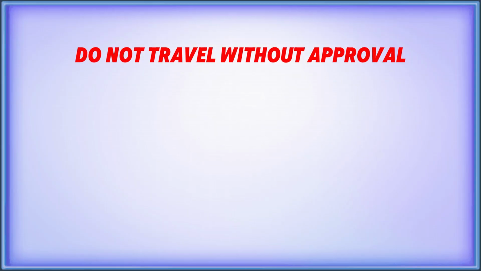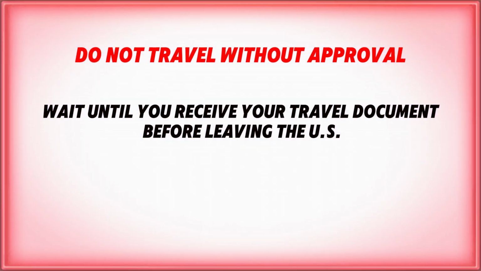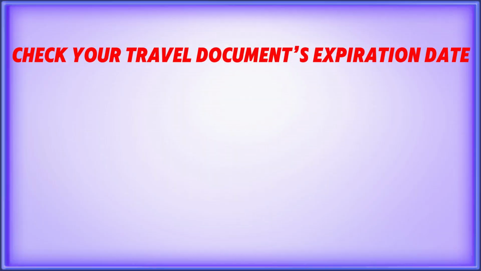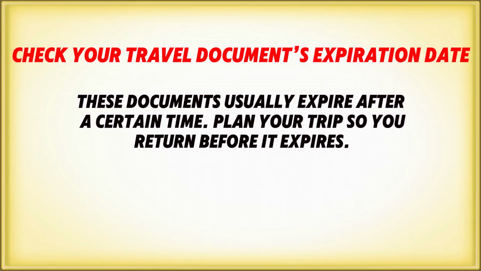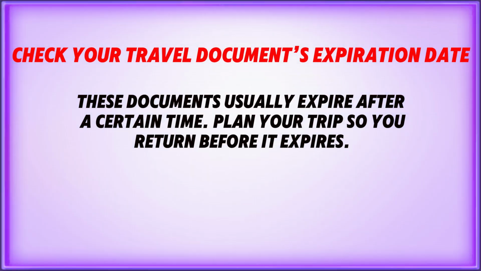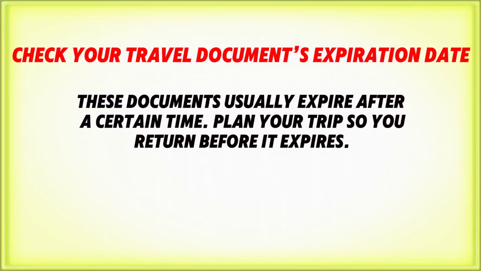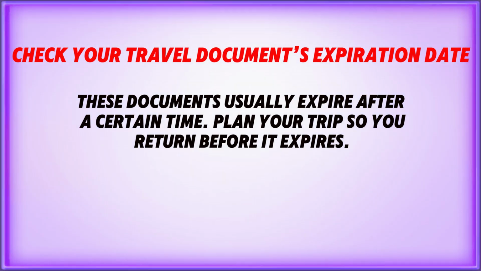Like I told you at the beginning of this video, here are some of the tips and warnings you need to be aware of. First, do not travel without approval. Wait until you receive your travel document before leaving the U.S. Second, check your travel document's expiration date. This document usually expires after a certain time. Plan your trip so you return before it expires.